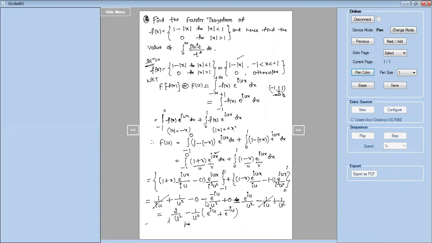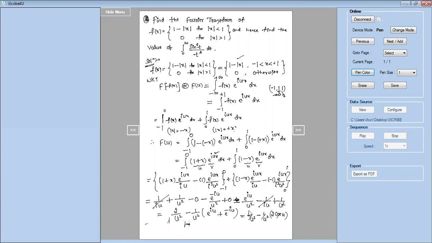Right. Now further, this is equal to 2 by u square minus 1 by u square into, so you know e power i theta plus e power minus i theta can be written as 2 cos theta. Theta means u. So this term is nothing but 2 cos u.